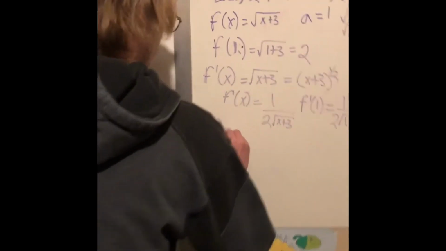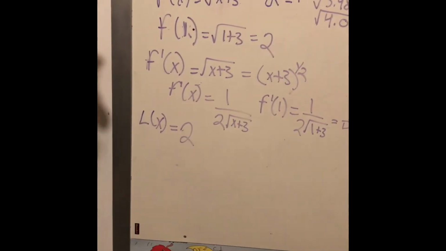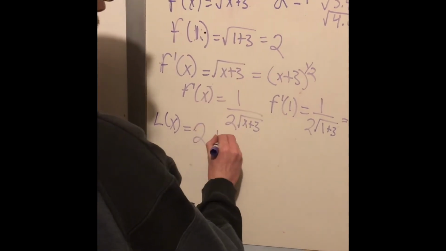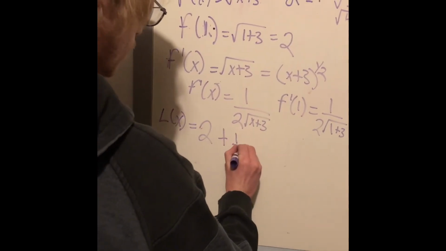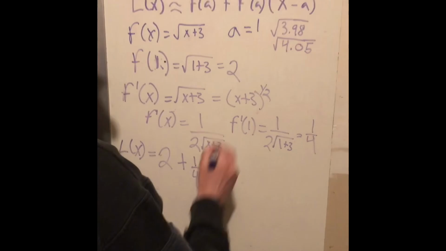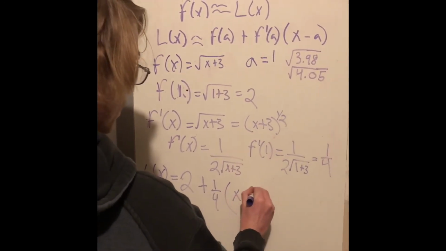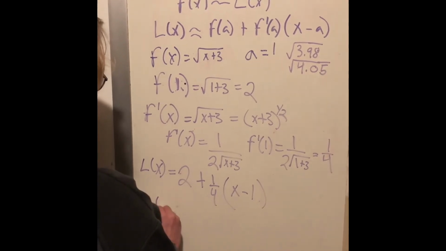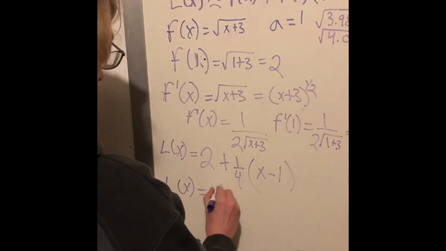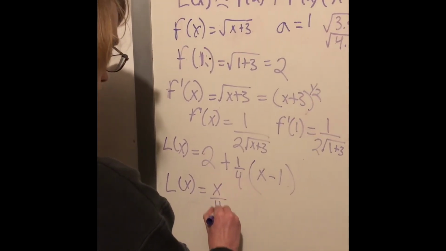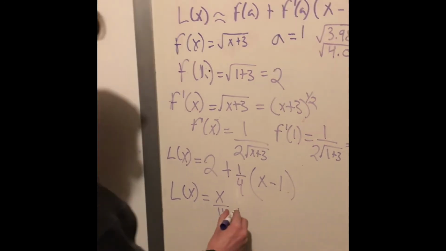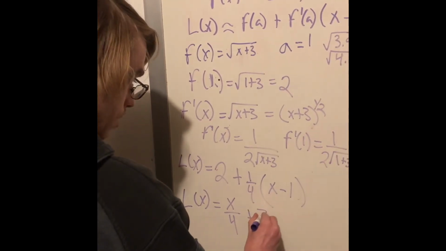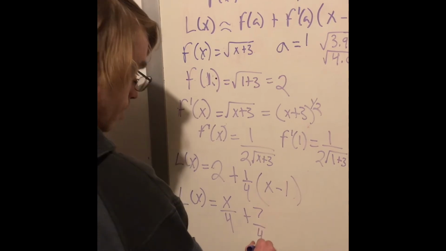L of x is equal to 2 plus 1 over 4, taking the slope of that, times x minus 1. So we're going to simplify that out, and we get x over 4 plus 7 over 4. So that's the linear approximation equation that we just found right there.